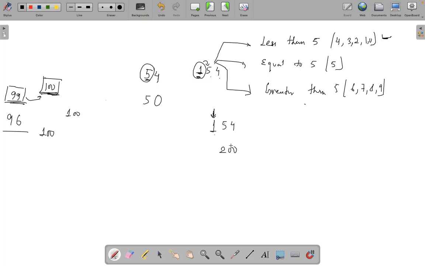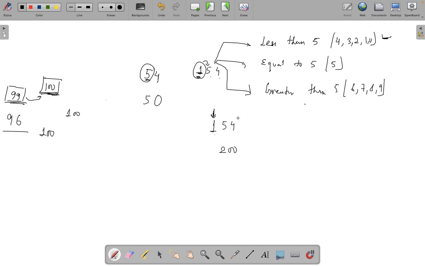Then we will look at the ones place, it is 4. The number 154 comes between 100 and 200. So it is closer to 200, because 154 is more than 150.